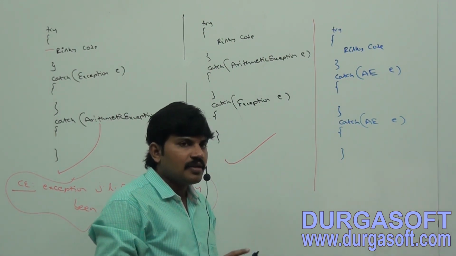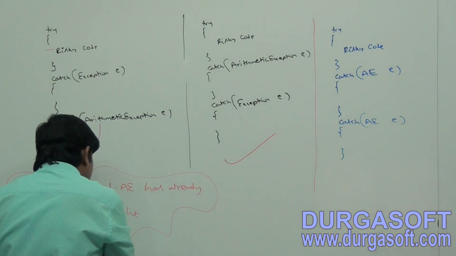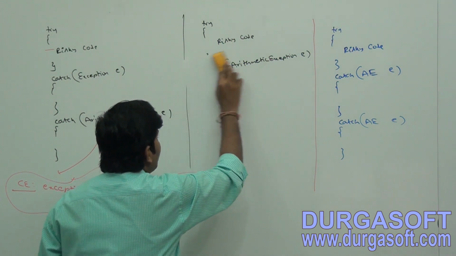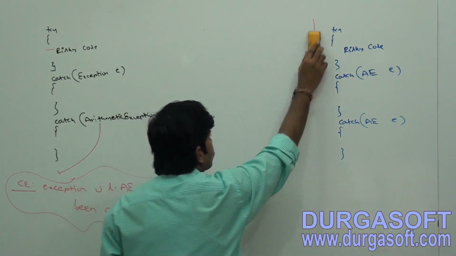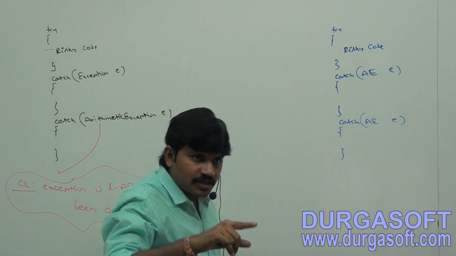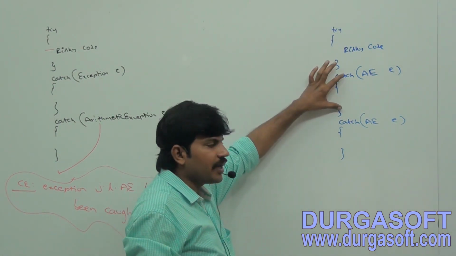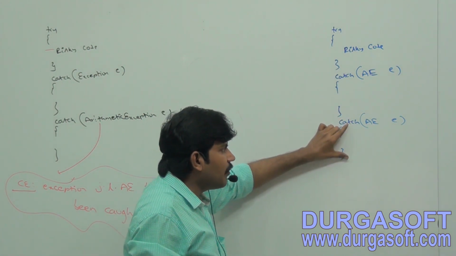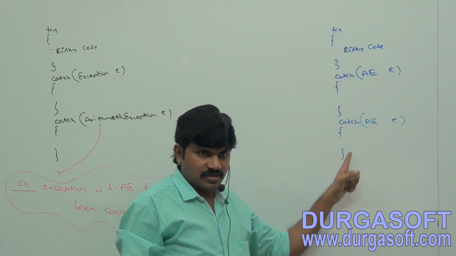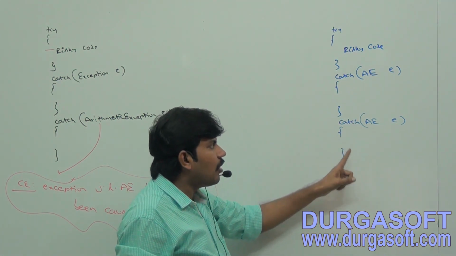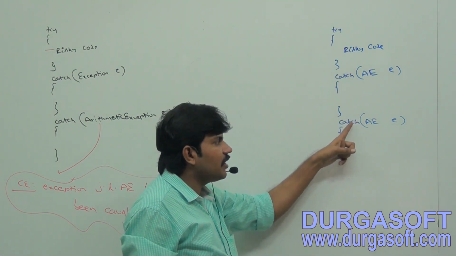Can you tell if the code is going to compile or not? The code won't compile, because if an ArithmeticException occurs, the first catch is going to handle it. The same job is already played by this one, so what is the need of the second one?